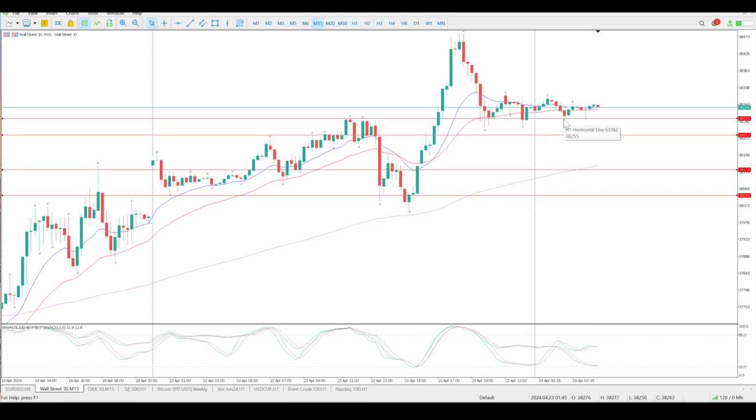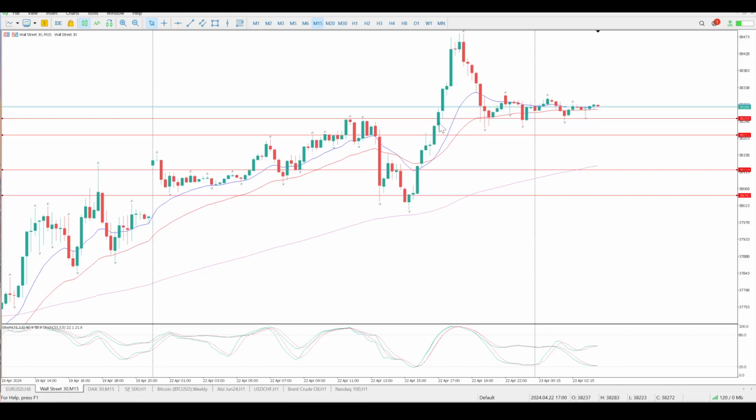Right, so 38,255, you can see that's a swing high, and you can see how we are testing that. Just below it is 38,211. Now, the important thing to pay attention to here is you've got this weekly gap here, but look at all these gaps. So yeah, this move up from yesterday is not a very strong move. It's actually a pretty weak move.